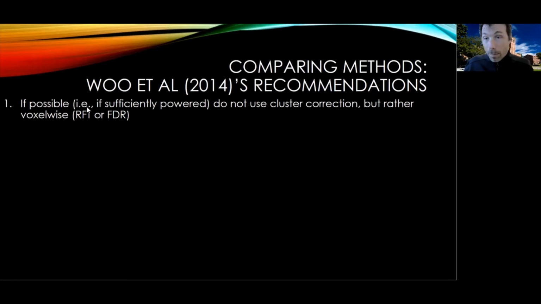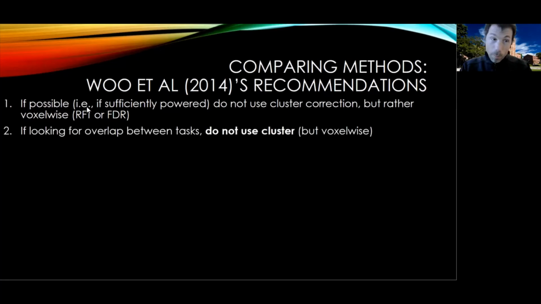FDR also lacks specificity because 5% of the voxels you're declaring active turn out to be false claims, although you don't know which of the 5% they are. So in that sense, it doesn't help you as much.